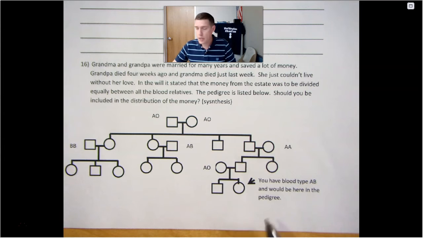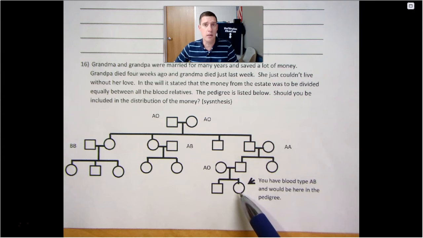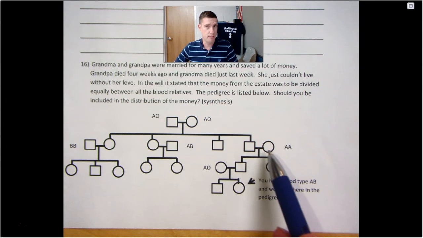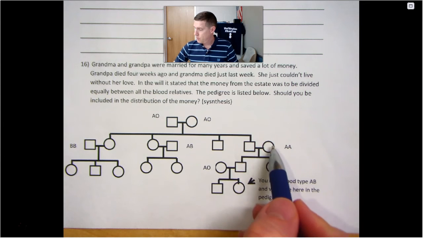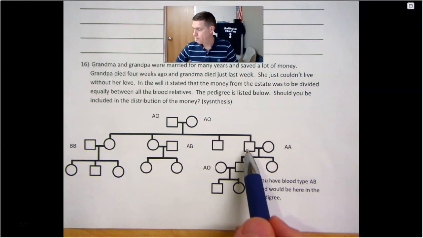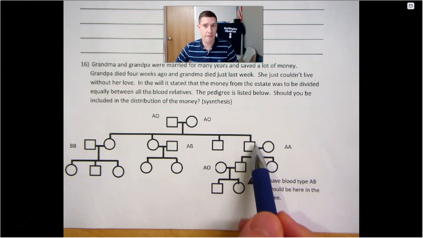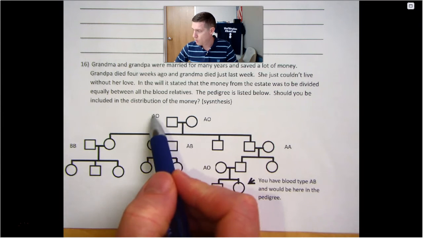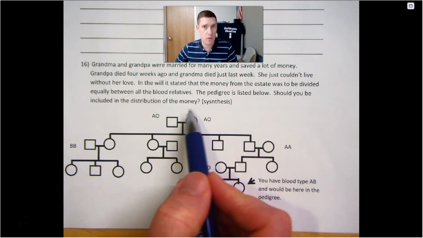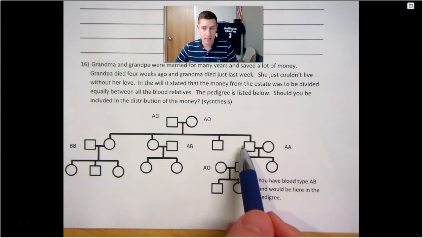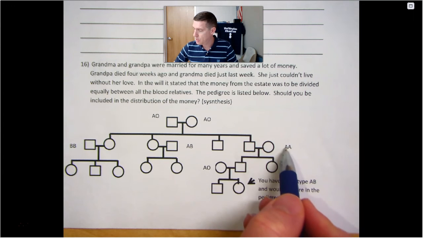Okay, so from your perspective, if you are right here, your grandparents are actually right here. Your grandmother, your grandfather. However, you don't know what the blood type is of your grandfather unless you go back up here and run this Punnett square of your great-grandparents. Once you run the Punnett square here, that will tell you what your grandfather had. Then you will have genotype, genotype.